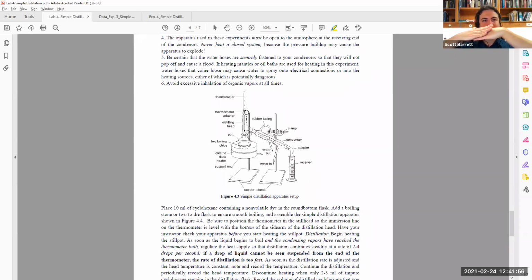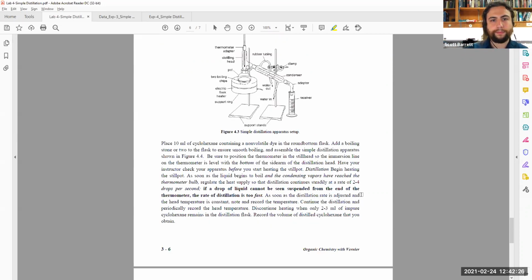So it's basically passing each other and allowing that water to condense and cool down back into liquid phase and then come down here, just clamps to hold on to the system. And then an adapter finally to allow the condensed liquid to drip down into the receiving flask or graduated cylinder in this case. And then we always utilize support stands for us to be able to set up our apparatuses to perform the experiment.